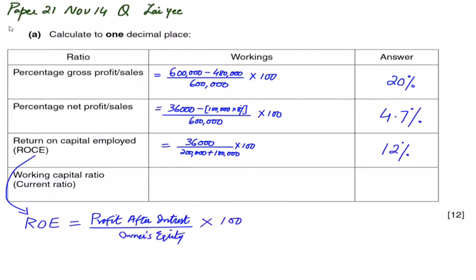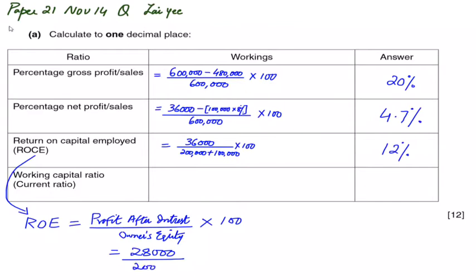My dear students, I'm trying to explain that if in the denominator we use owner's capital only, then in the numerator we use only profit that belongs to owners, that is after deducting all interest. So if the profit that we have is 36,000, and out of that we deduct the loan interest of 8,000, we are left with the profit that is purely related to the owner, that is 28,000.